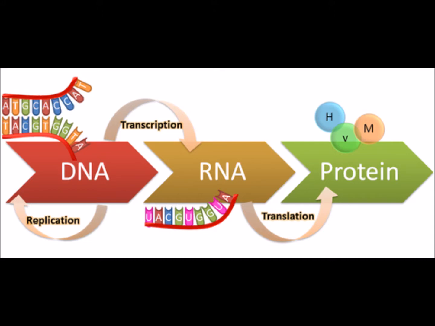This process of genetic information flowing from DNA to RNA to proteins is called gene expression. There are 3 steps to central dogma, which are replication, transcription, and translation, and you'll find out more about these 3 steps if you keep watching this video.